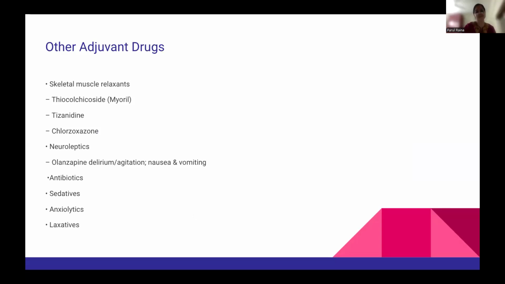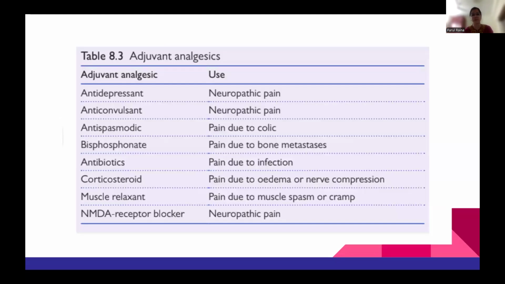This is just the last list of other drugs that can be used as adjuvants: skeletal muscle relaxants like thiocolchicoside, tizanidine, chlorzoxazone, neuroleptics like olanzapine, drugs for nausea and vomiting, antibiotics, sedatives, anxiolytics, and laxatives. In one way or another, they can be used for pain also.